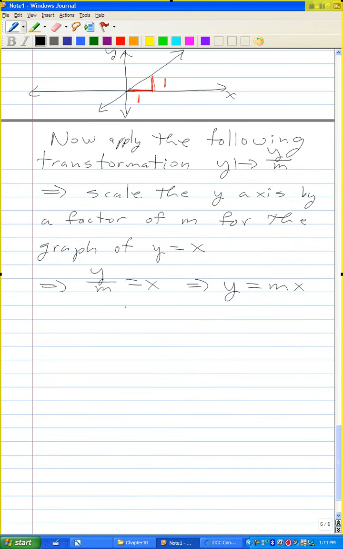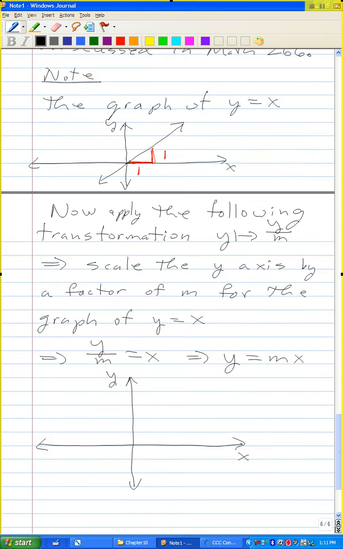Then I take the original graph here, and I stretch or compress the y-axis by a factor of m. Okay, so I'll be doing that.